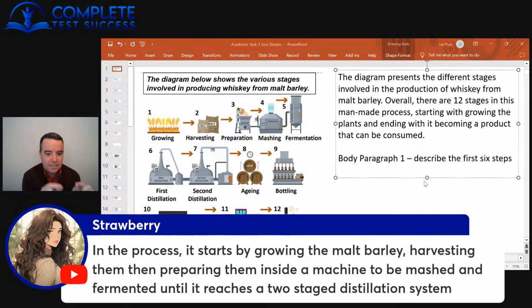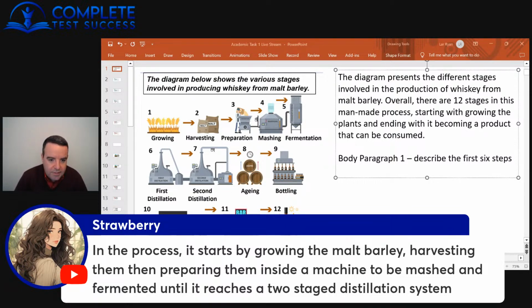We would just say the process starts with growing. So only use that way to introduce a sentence with "in the process" if the next part is going to be something else, if the subject of the sentence is going to be, the first step is, or something different.